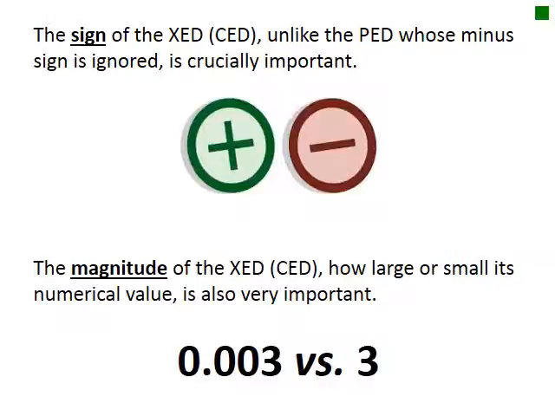Also, the magnitude or size of the cross elasticity of demand, how large or small its numerical value is, is also very important. There's quite a difference between 0.003 versus 3.